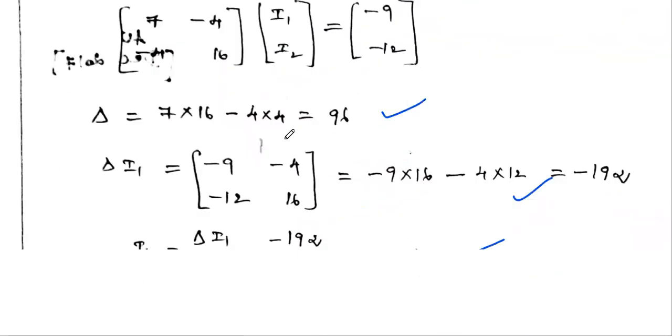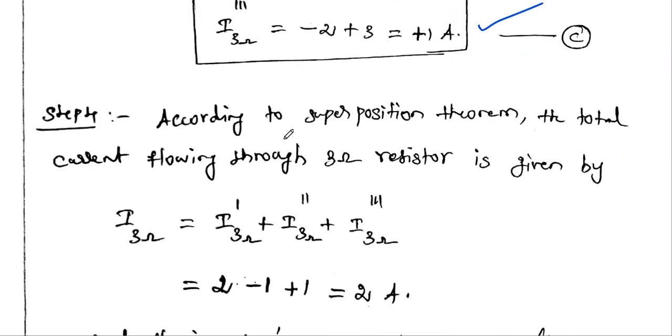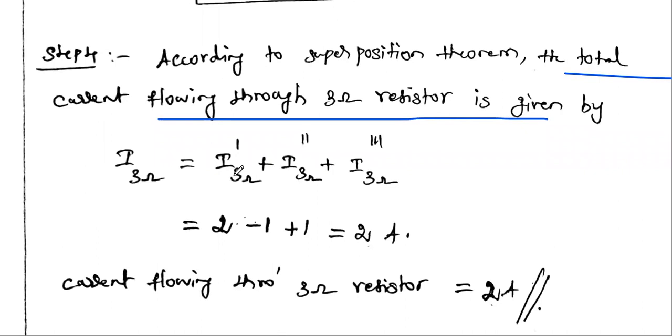So according to the superposition theorem, the total current flowing through the 3 ohm resistor is I 3 ohm equal to I dash plus I double dash plus I triple dash. I dash is the current flowing through the 3 ohm resistor due to 12 volt. This is due to 24 volt.